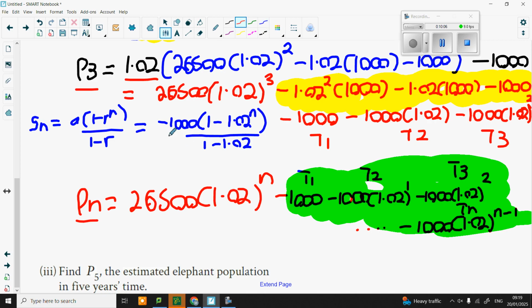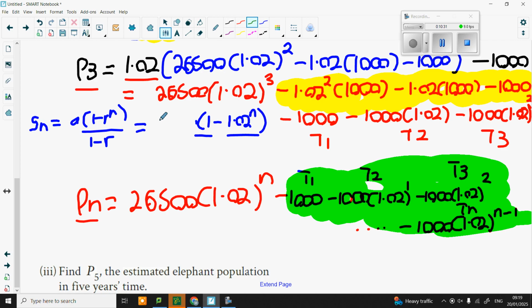Would somebody be so nice as to divide minus 1,000 by minus 0.02? Two of them divided by each other. What do we get? Well, 50,000. Is that right? 50,000. Right. Okay. Going to change that to 50,000.